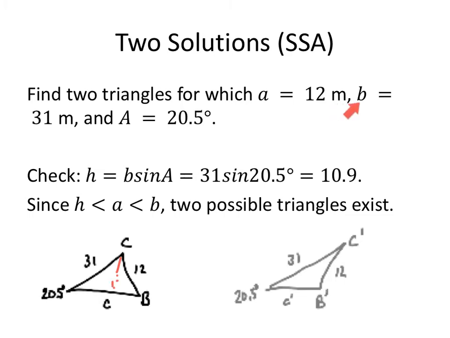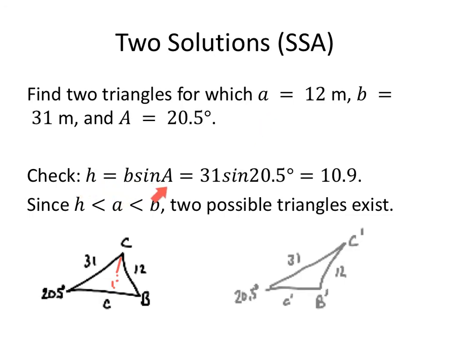Keep in mind this B sine of A is only if we're given angle A and side B. If I were given side C and angle C and side B, then this would be B sine of C. Keep in mind that this rule is based on the given information with these names, so it'll change based on the name changes as we go along.